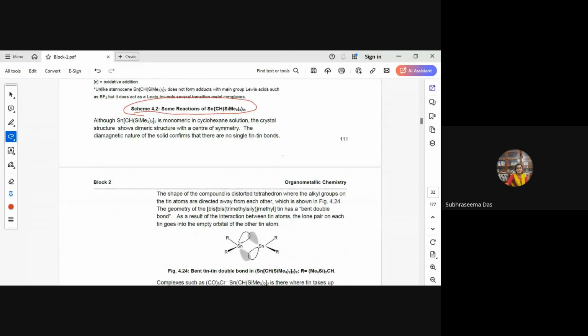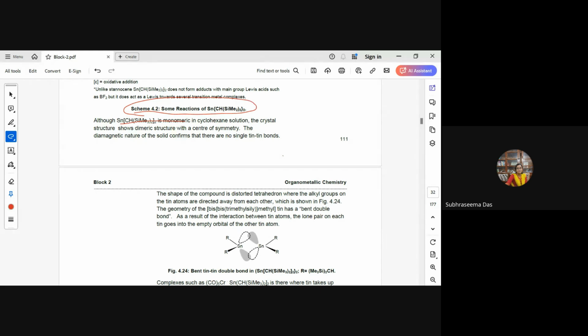Now, although we know that this tin complex is monomeric in cyclohexane solution, when we look into the crystal structure, a dimeric structure was obtained. So what happens here is, it normally exists in cyclohexane solution as a monomer.